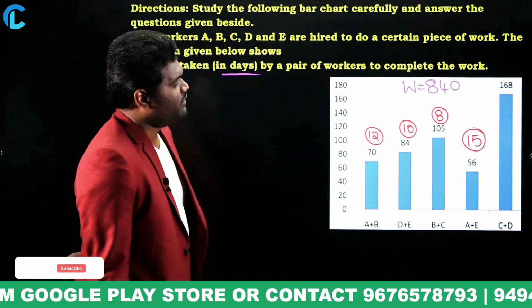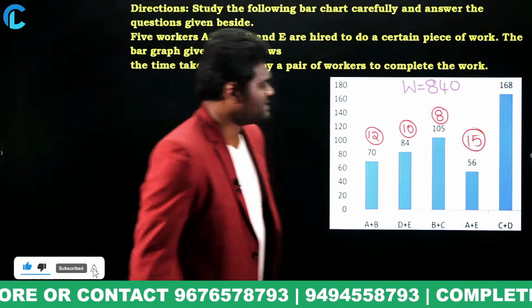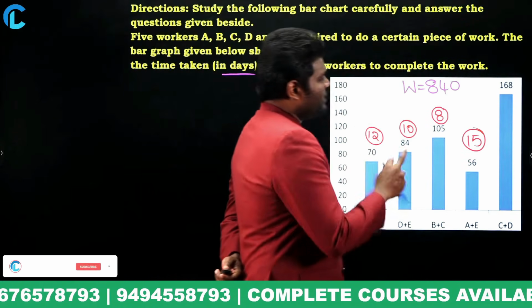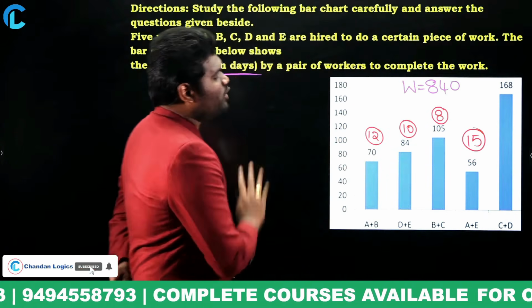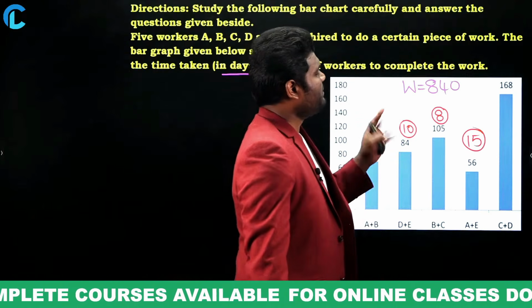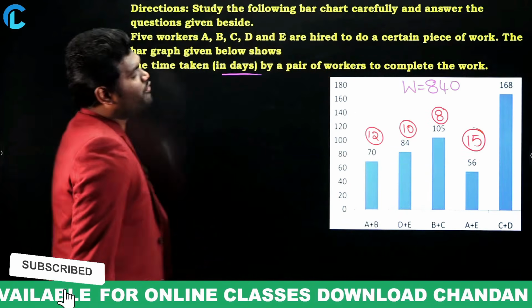Is that clear? So 840 by 56. 560 and this will be how much? 8. Okay. So 560 plus 280, this will be 840. Okay. So AE together will do 15 units of work.